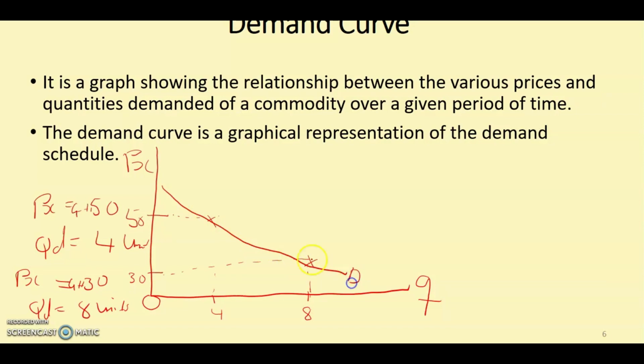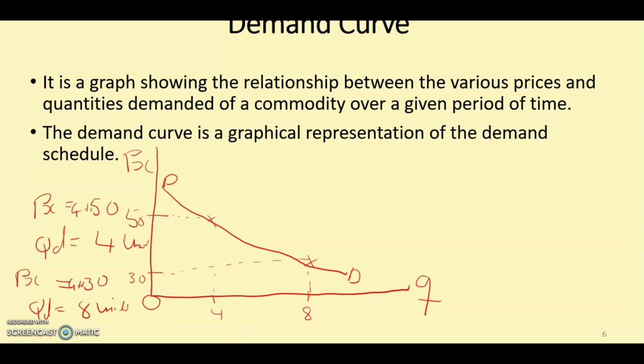Then we label the side D, that is the demand. Now, this is how the demand curve looks. You realize that the demand curve is a downward sloping curve. That is, it moves downward from the left side to the right side. So that is one characteristic of the demand curve. It slopes downward. In other words, it is a negatively sloped curve.